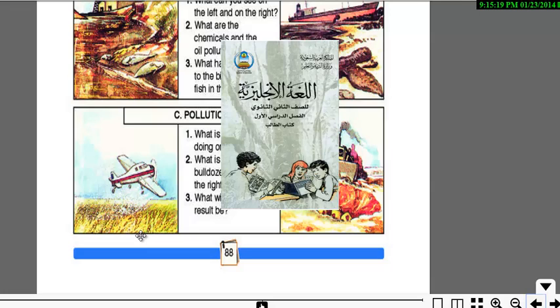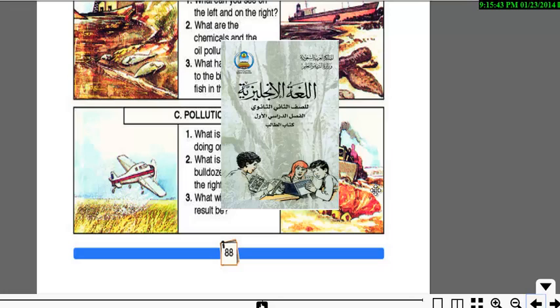Now, on the right, what's the bulldozer doing? Well, it's putting these chemical, I'm not going to call them boxes, but it's trying to put them underground and bury them.